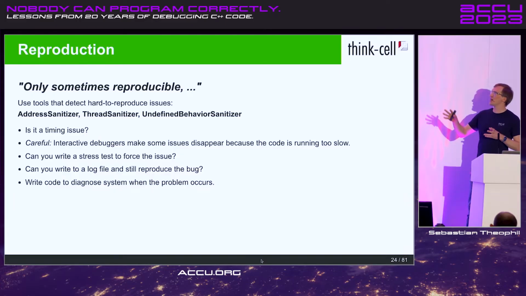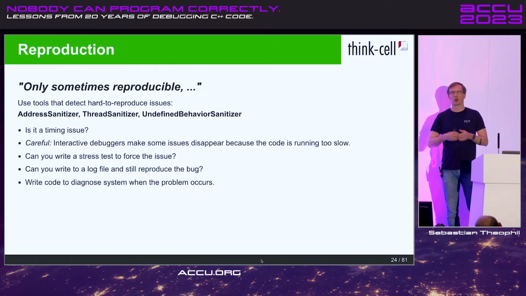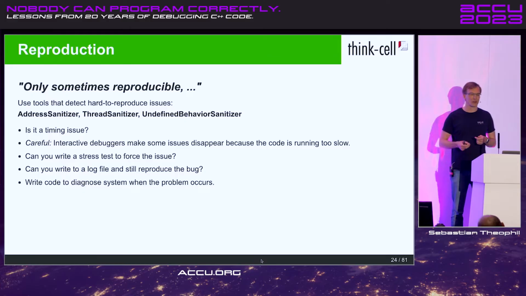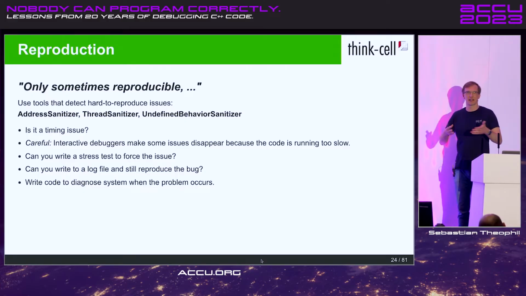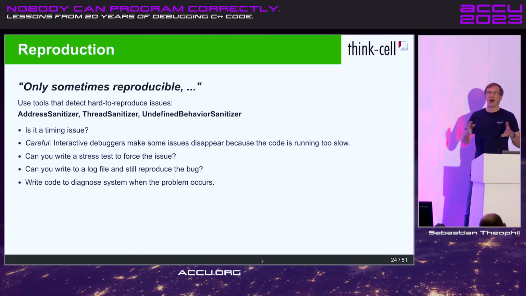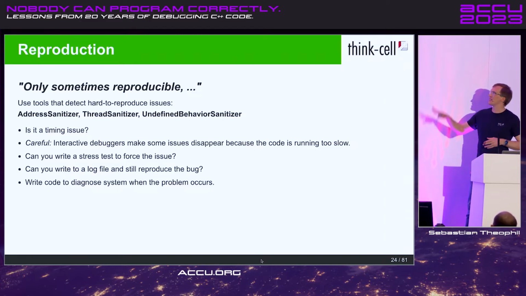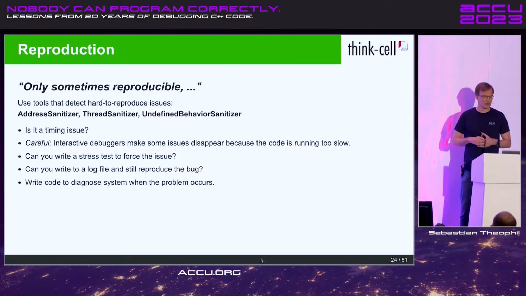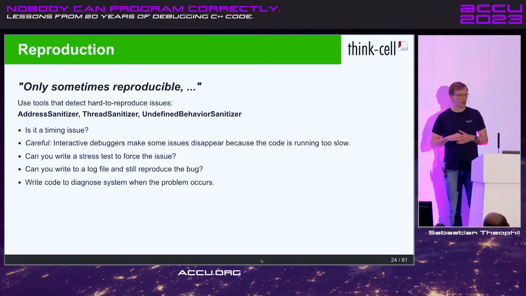And the address sanitizer will instrument your binary, so it will tell you, hey, here you're doing this. Whereas in practice, this will very often work because the variable is still on the stack, it hasn't been overwritten yet, so the access will still read the data you expect until something changes. You change some optimization flags, you change some variable, and suddenly it's not reproducible anymore. So the address sanitizer and the other sanitizers help with that.